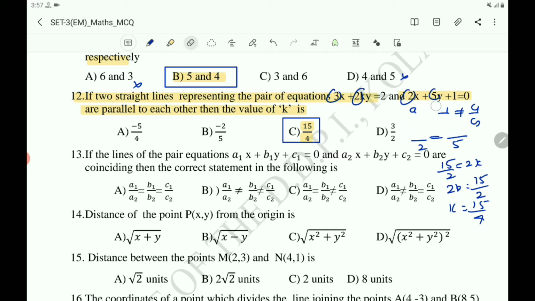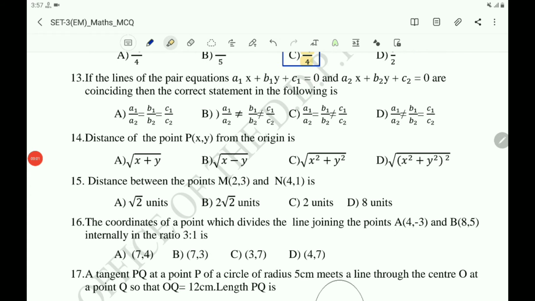Now you take the next question, question number 13.